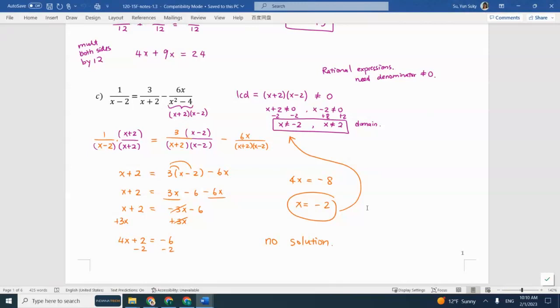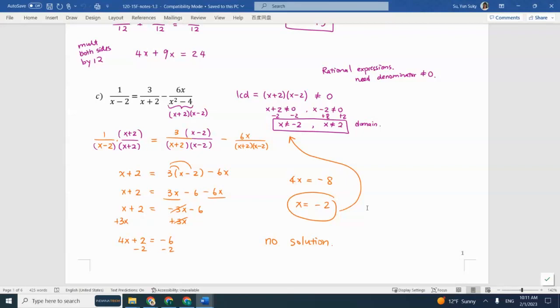And then we find the common denominator, and we multiply by something to create the common denominator. Then we multiply both sides by this common denominator to clear the denominator, and continue and solve for x. At the end, you have to check. Is this x value in the domain?